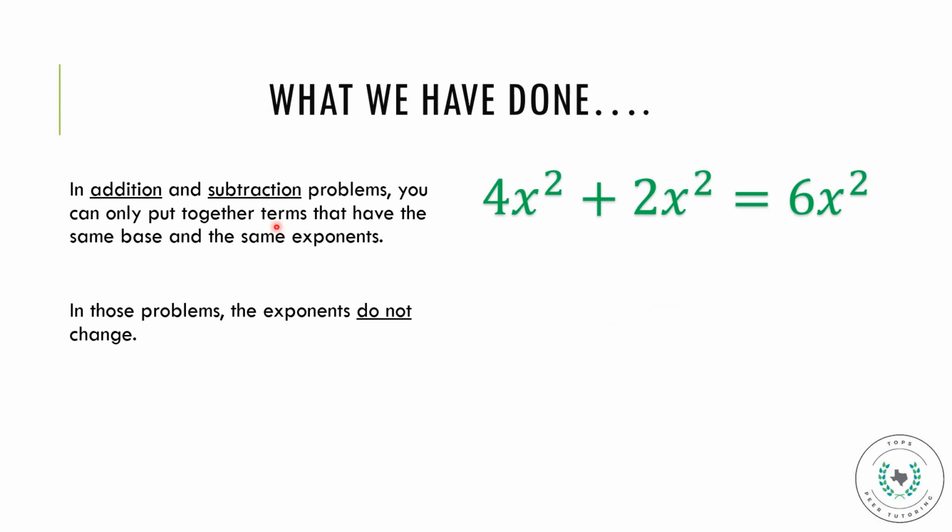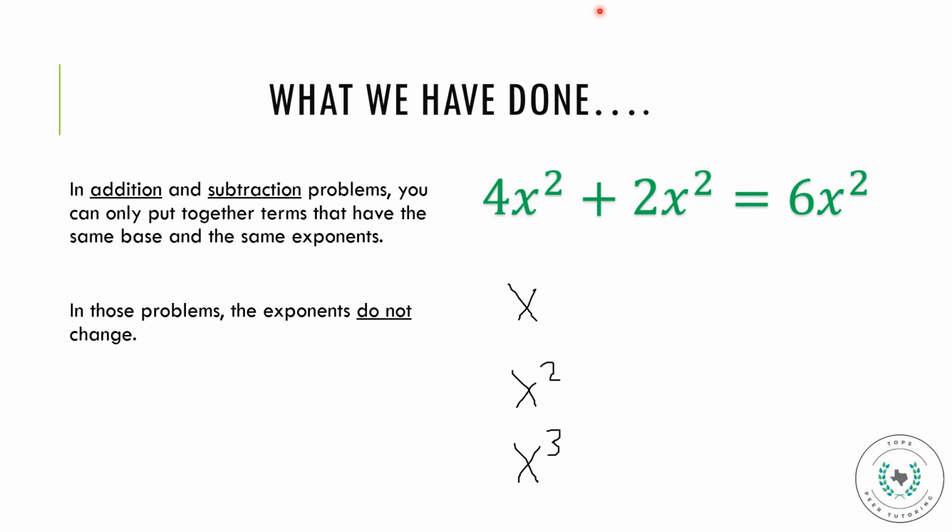Alright, so in the past, you should have done addition and subtraction problems with exponents, where you can only combine terms that have the same, you could say, level. Just imagine x, x squared, x cubed, and so on and so forth, each have the same level. So you can only combine terms on the same level.